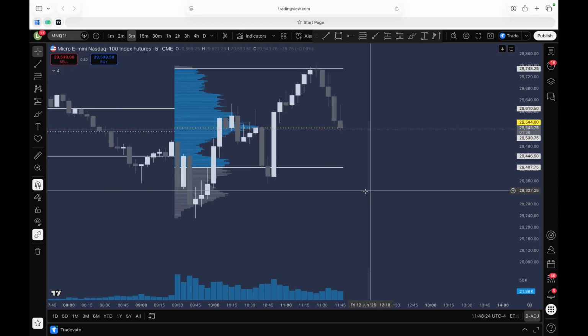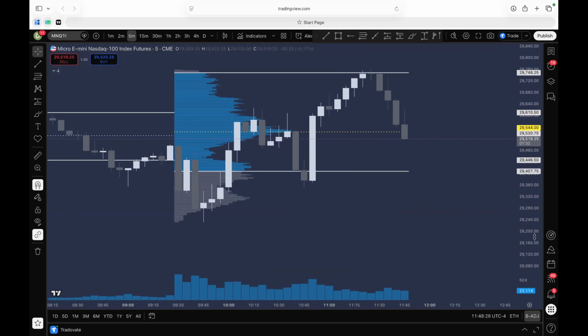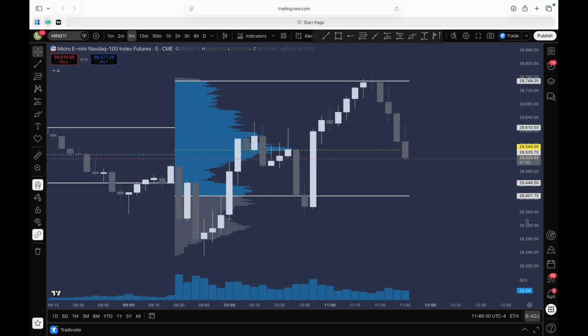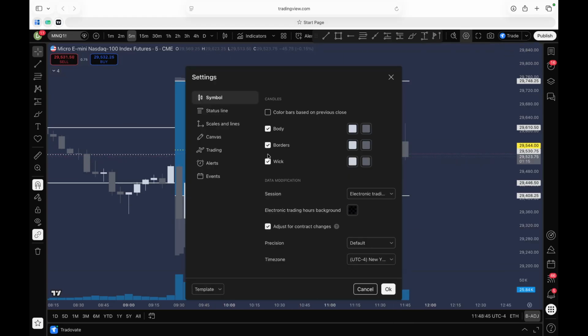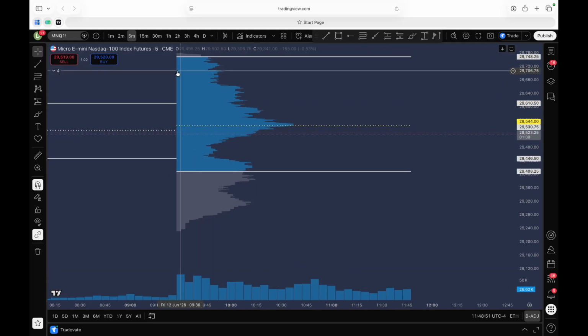Okay, so to give an idea of a very quick breakdown of volume profile for those who don't really know, it is a histogram on a bell curve, showing the distribution of volume. When you look at this one, it's showing the start of the trading session at 9:30.